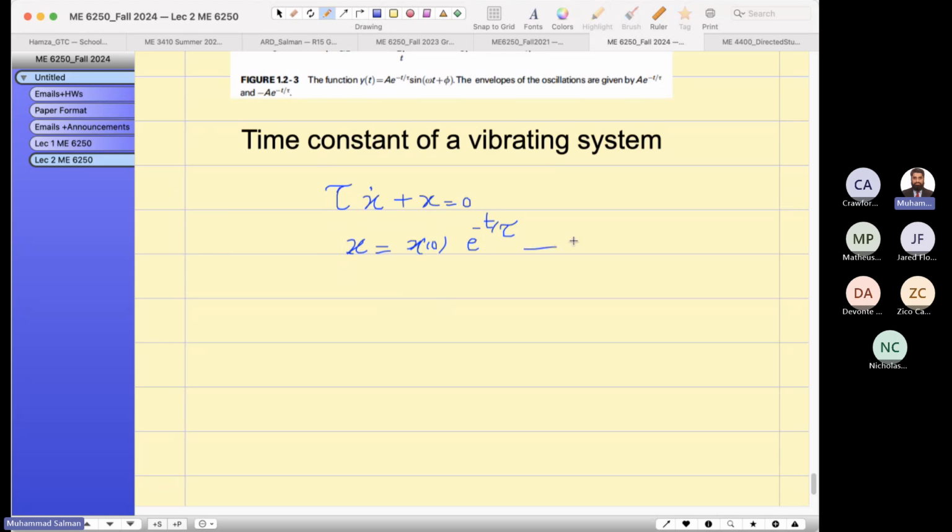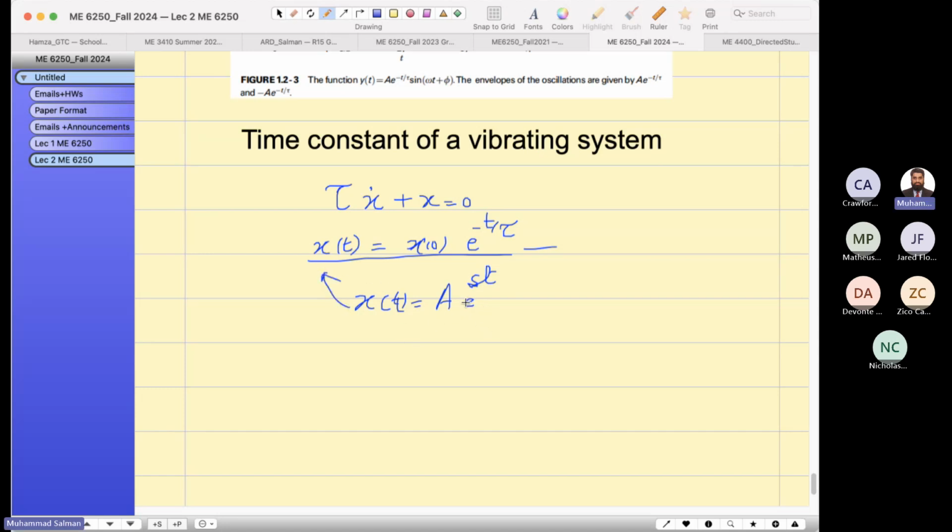This is our solution of the differential equation. At any time, you can trace the displacement. This is time dependent. So I will rewrite it now. This is the general solution. So this solution comes from here, and I will explain it to you.